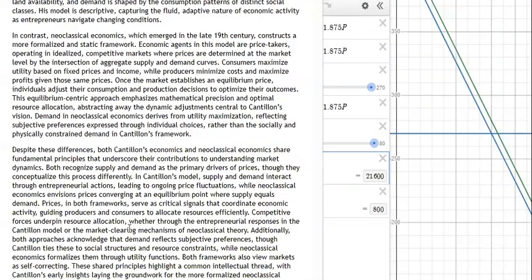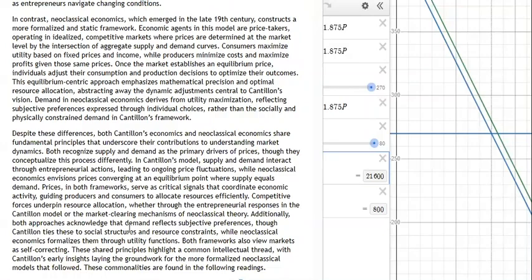In contrast, neoclassical economics, which emerged in the late 19th century, constructs a more formalized and static framework. Economic agents in this model are price takers, operating in idealized competitive markets where prices are determined at the market level by the intersection of aggregate supply and demand curves.